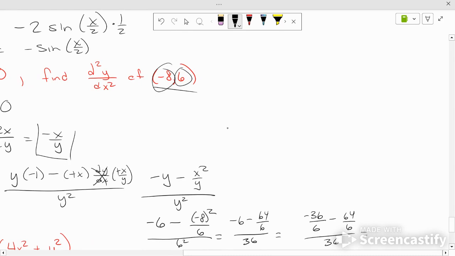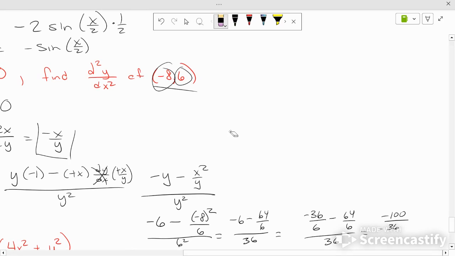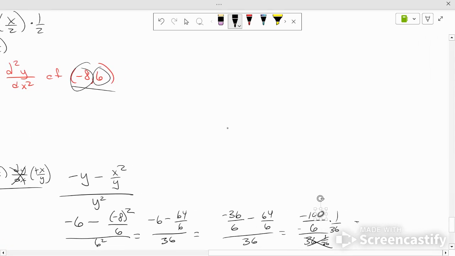which is negative 100 over 6, over 36, which if you multiply by 1 over 36 to get rid of that, is negative 100 over 36 times 6, which is 216, right?